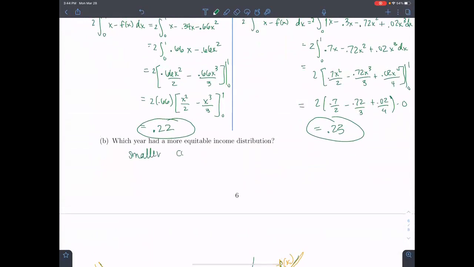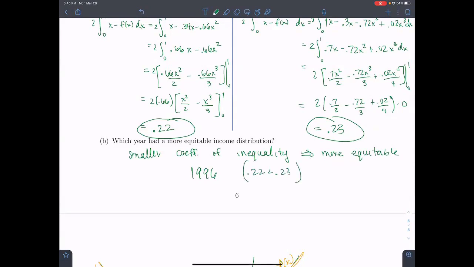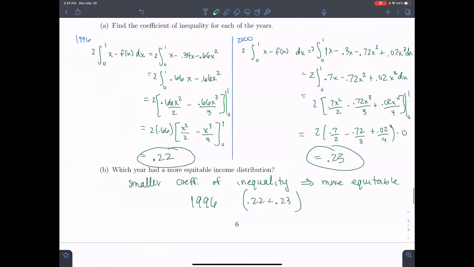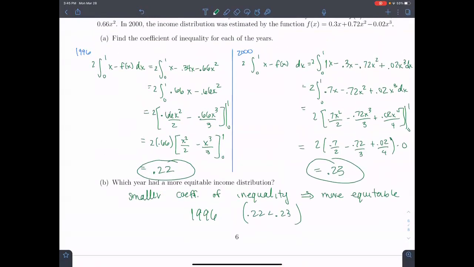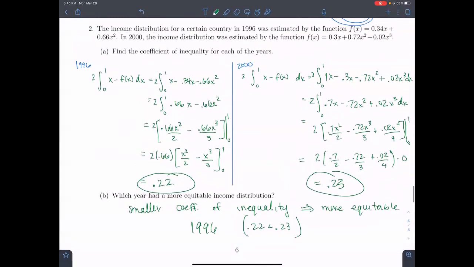Smaller coefficient of inequality implies that it is more equitable. So 1996, because 0.22 is less than 0.23. So a smaller coefficient of inequality means that it is more equitable, which means that the 1996 Lorenz curve showed a better distribution of finances than the 2001.